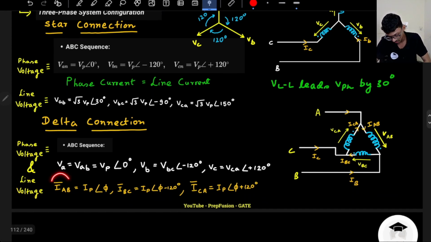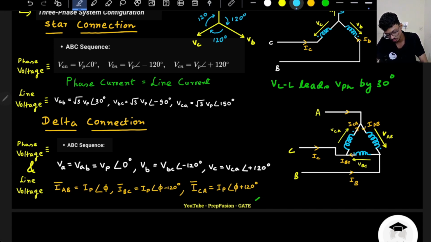And what about the current? The line current will be a bit different from the phase current. Basically the phase currents will be IAB, IBC, each IP. What will be the magnitude of the line current?